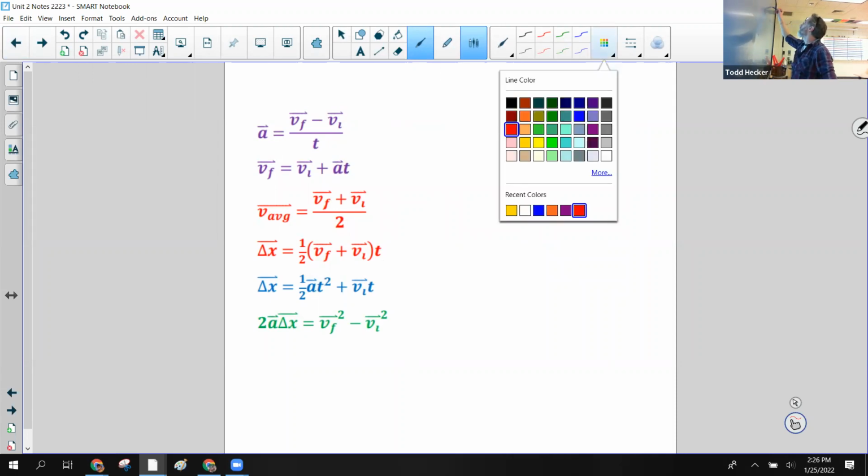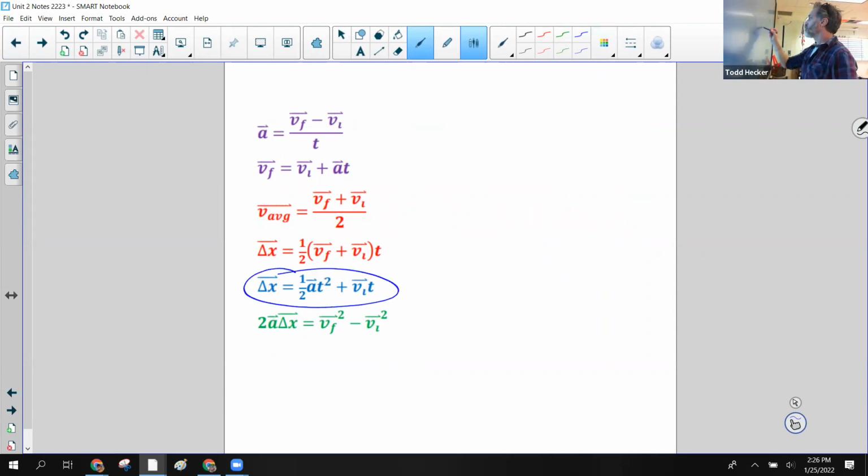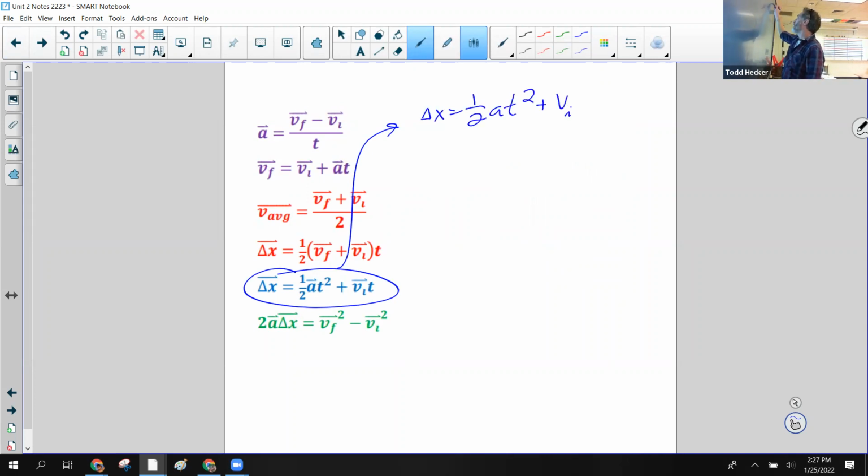So for the blue one, let me write it the way that we do in honors. Displacement is 1/2 a t squared plus v i times t. So here's how we modify this. We've already learned that displacement is change in position, so for us, that's x minus x naught.